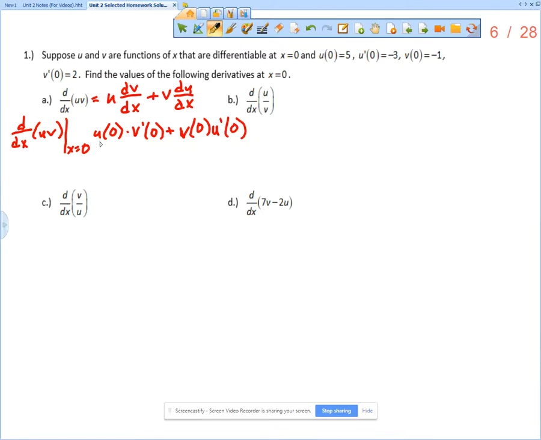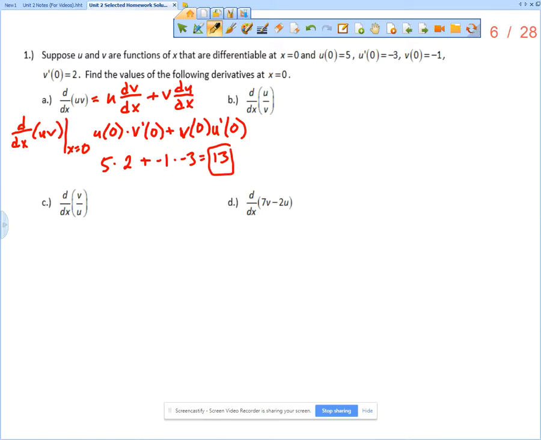So now, u of 0 is 5 times v prime of 0 is 2 plus v of 0 is -1 times u prime of 0 is -3. So 5 times 2 is 10 plus 3 gives us 13.